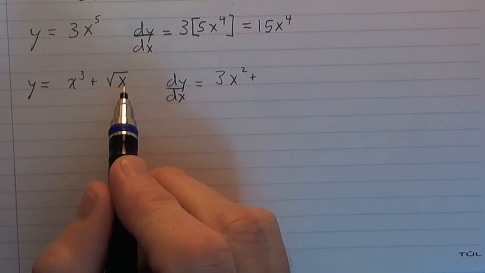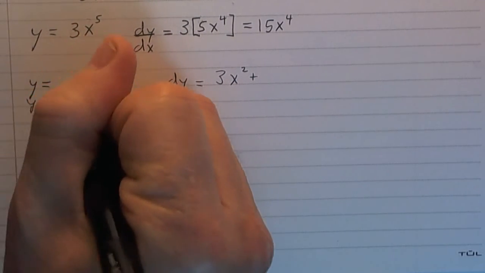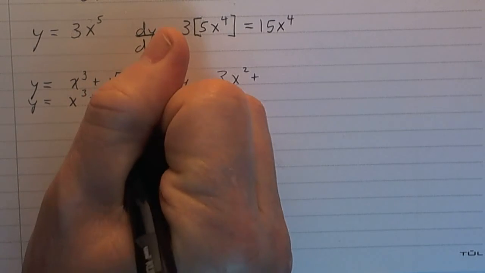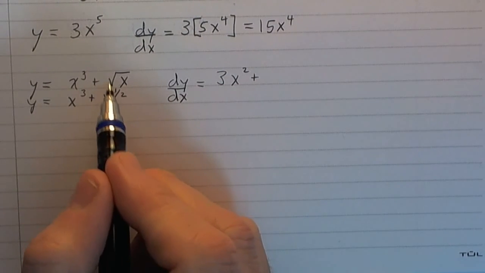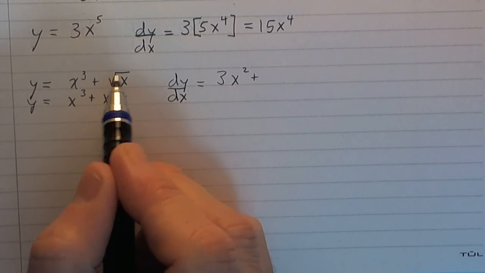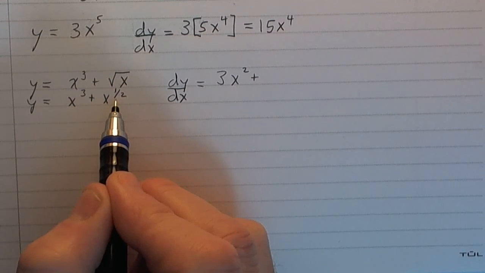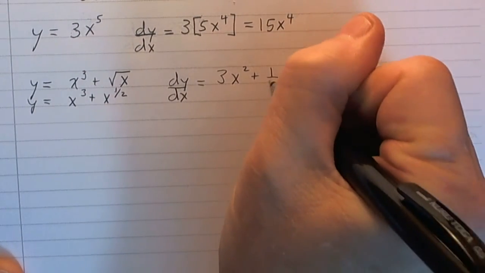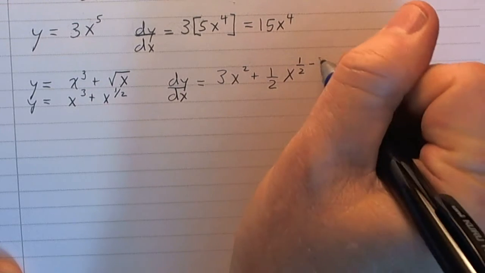Well, we can recognize that as, and before we differentiate, we should go ahead and convert it to this fractional exponent. See, because when it's in this radical form, we can't really do anything with it. But when we view it as a fractional exponent like this, now we can use the power rule. See, this is going to be 1/2 x to the 1/2 minus 1.